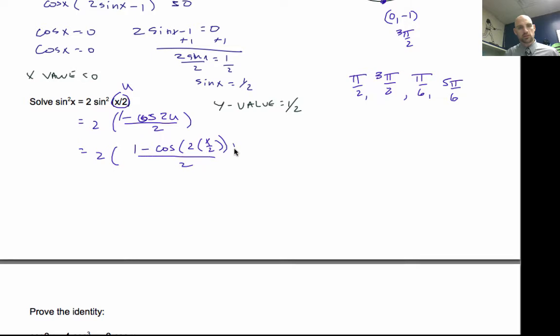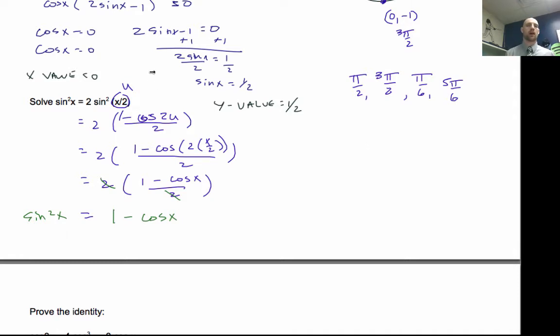And then over 2, and so this is a little bit of pre-work here. 1 minus the cosine of x over 2, and so then these eliminate because it's times 2 and then divided by 2. And so I've got sine squared x is equal to 1 minus cosine x. Right? So 1 minus cosine x.